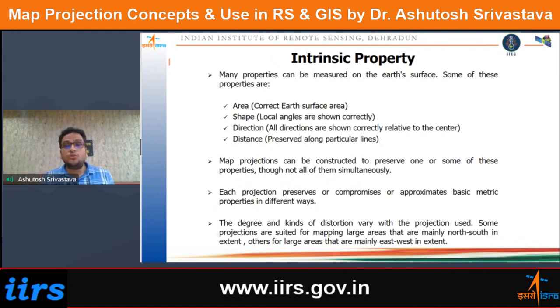Means we should know the equations which can transform WGS 84 to Everest or Everest to WGS 84, or X to Y or Y to X. So we should know the relations or set of equations by which we can convert from one to the other. That way, as per our requirement or applications, we generally select our datum or the map projections.